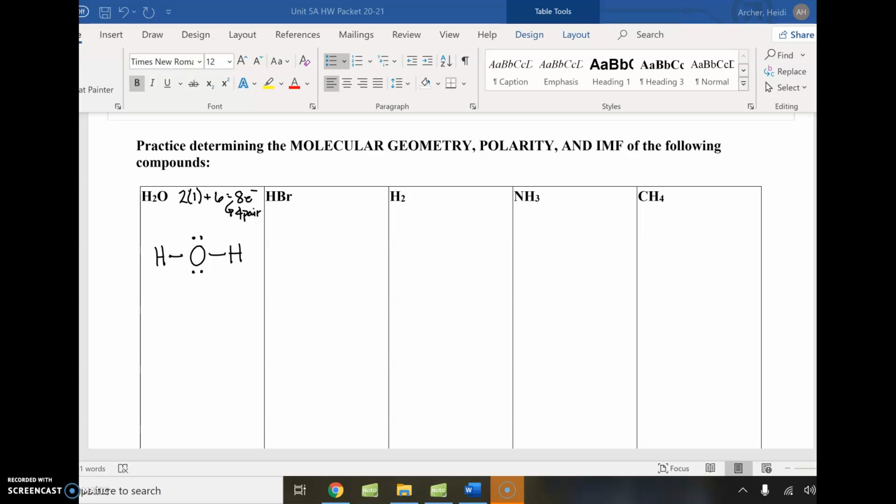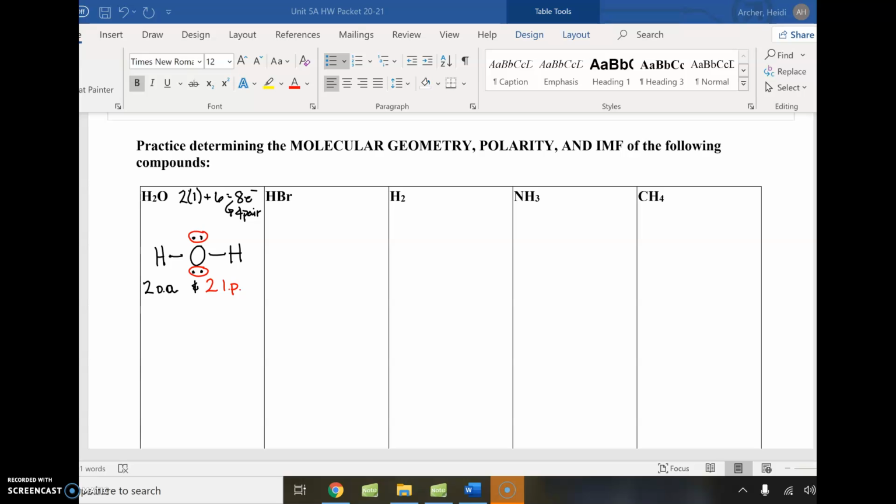So the next thing that we look at is how many outer atoms we have. We have 2 outer atoms. And on the central atom, we have 1, 2 lone pairs. Remember, we only look for lone pairs on the central atom.